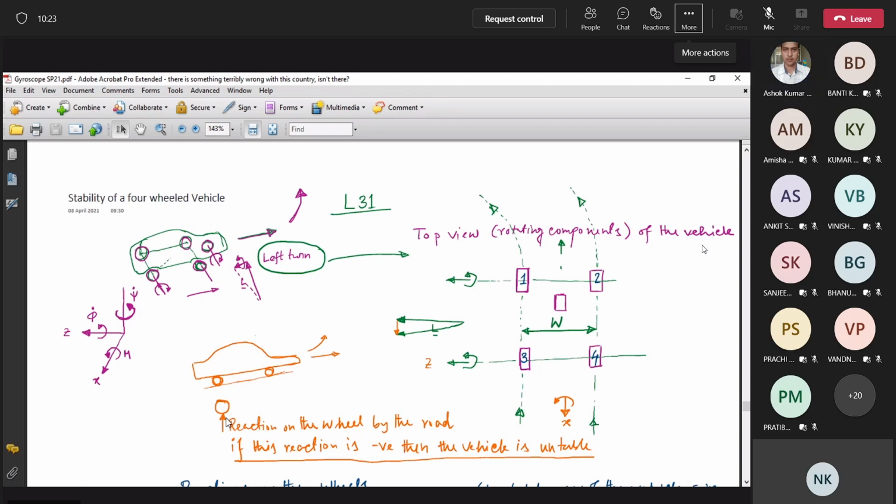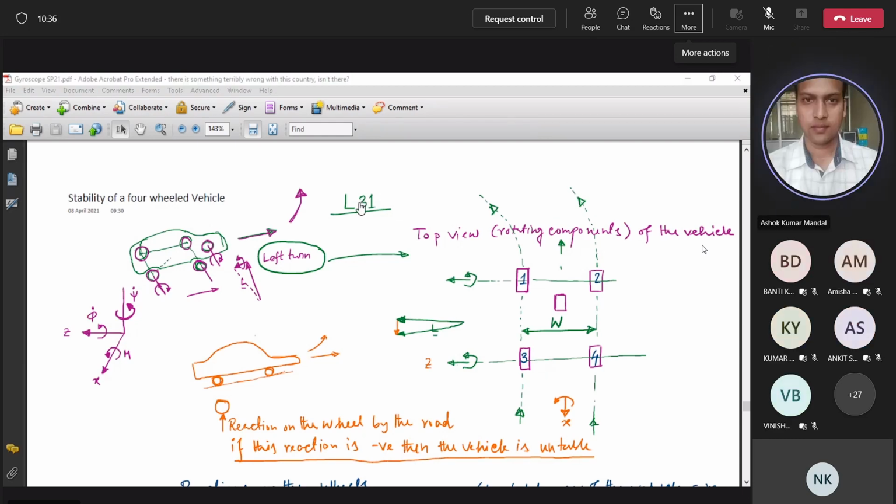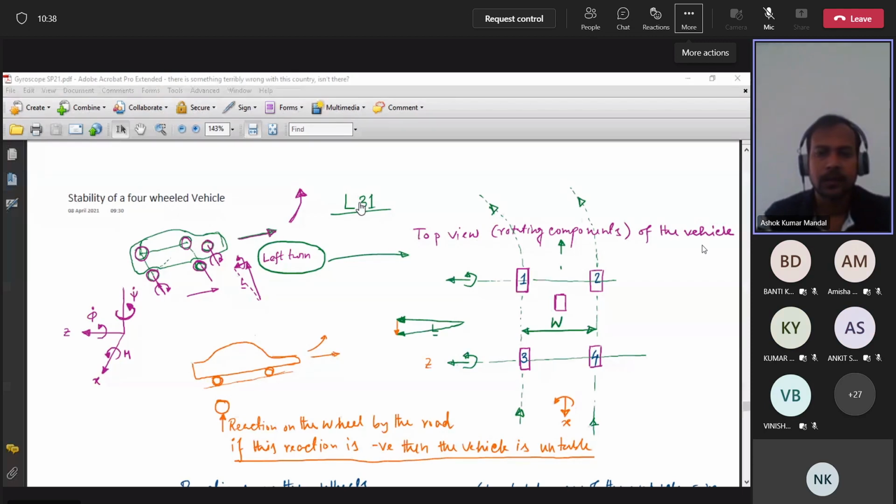You understand this? So suppose the vehicle is running. Just look at this mobile phone and imagine that this is the vehicle.